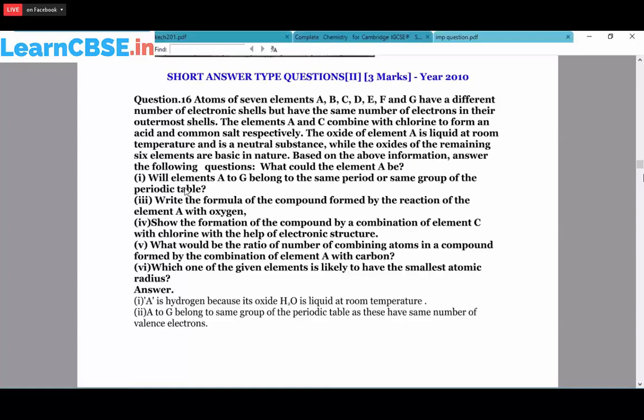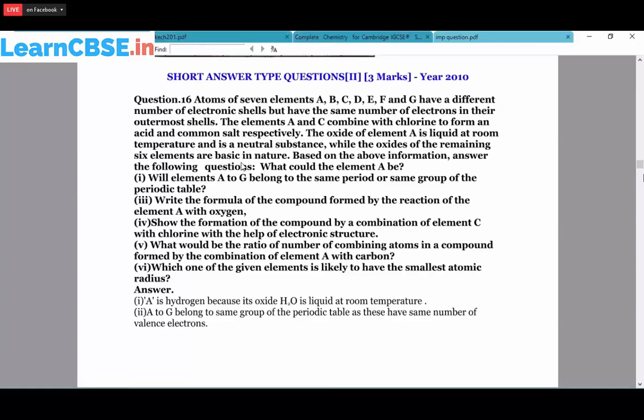Okay. So now, will elements A to G belong to the same period or the same group of the periodic table? Okay, the first question is, what could be the element A? The element A can combine with the chlorine and it forms the acid. Metals only form the basic oxides, and the non-metals form the acidic ones. The oxide of the element A is liquid at room temperature and is a neutral substance, while the oxides of the remaining six elements are basic in nature.